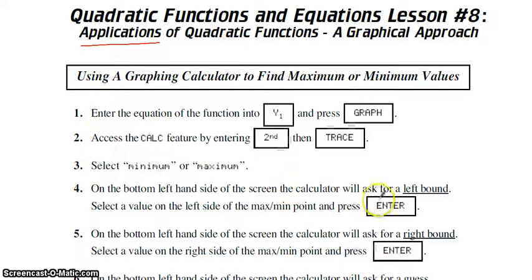And these are the keys you type in the graphic calculator to find the maximum or minimum. So second function trace, this will be the calculate features in the calculator, and then you can look for either maximum or minimum. You specify the window left and right, and then you say guess, and the calculator will give you the answer.